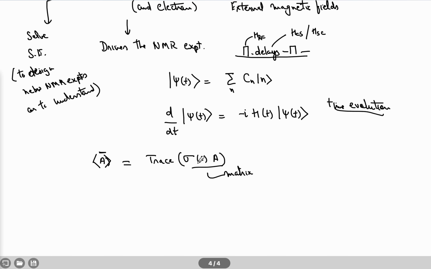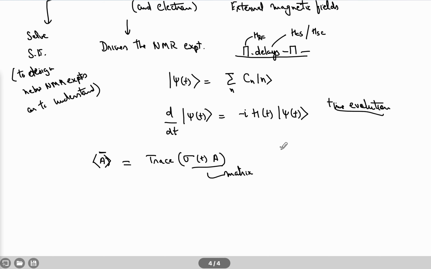Why is this important? Because if you want to measure any measurable, you can just determine the density operator. If you know the density operator at a given point of time, you can multiply it with that operator matrix, get the trace and get the expectation value, right?